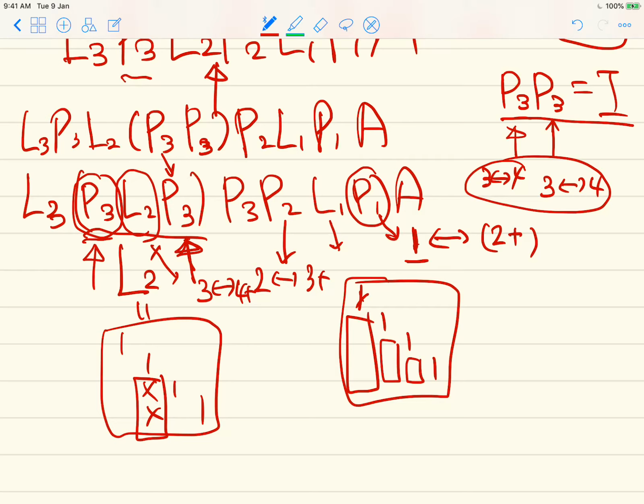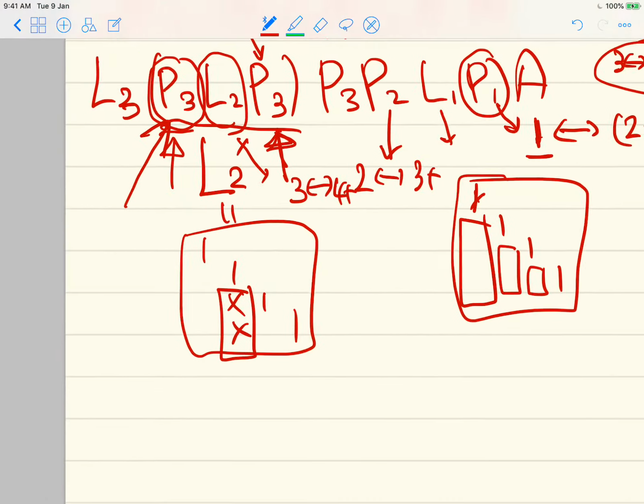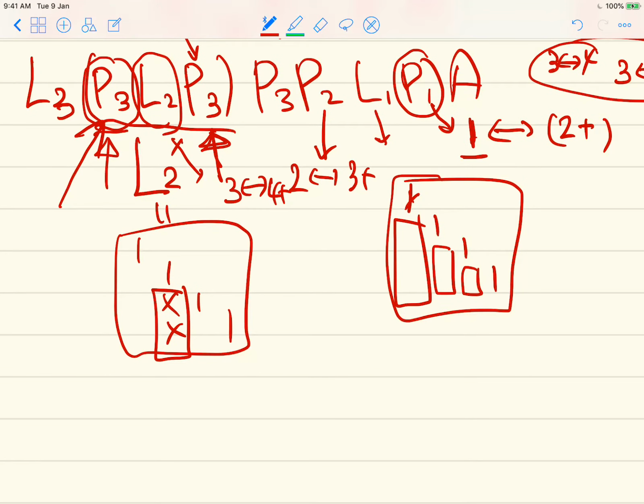So when multiplying this row interchange matrix or permutation matrix on the left, of course it will perform row interchanges. But still here, given this L2, it will just perform the row interchanges of this third column and the fourth column.